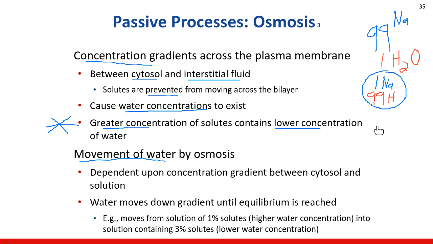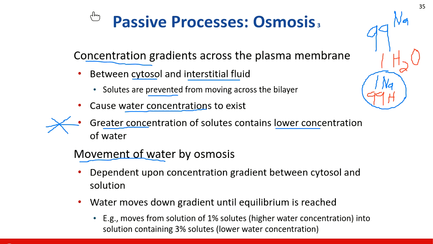Knowing what we know about osmosis, water is going to move from an area of high water concentration to low water concentration. So here's our high water concentration, and here's our low water concentration.